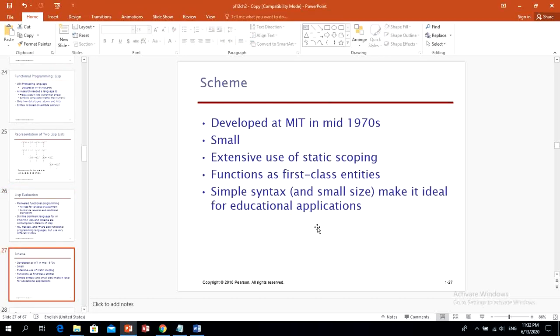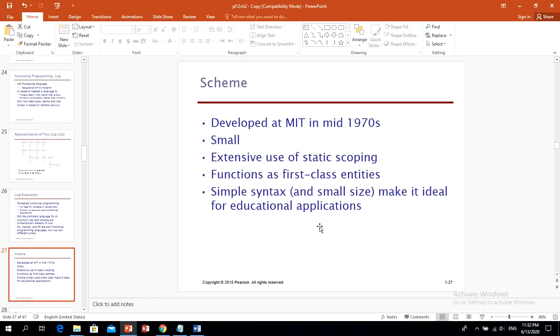And Scheme, as we did talk about earlier, was also developed at the Massachusetts Institute of Technology in the mid-1970s. It is a small programming language. It makes extensive use of static scoping, and it treats functions or methods as first-class entities.